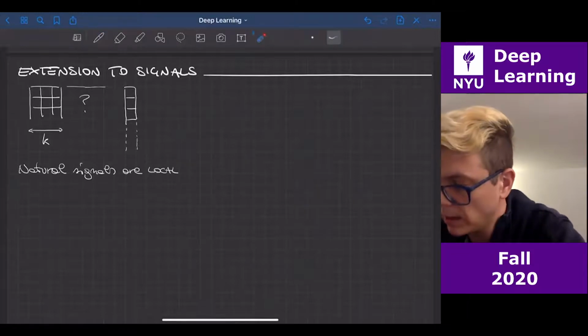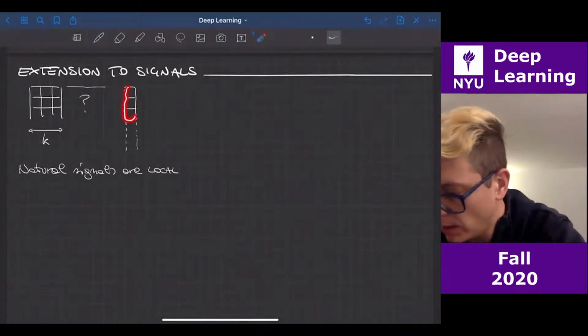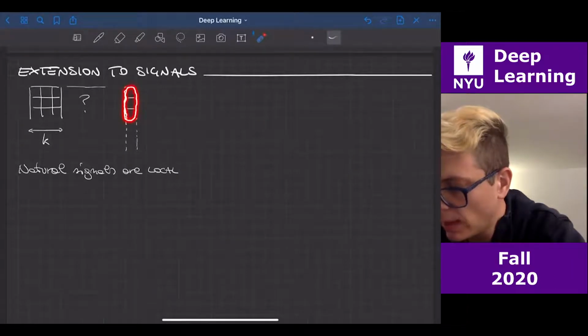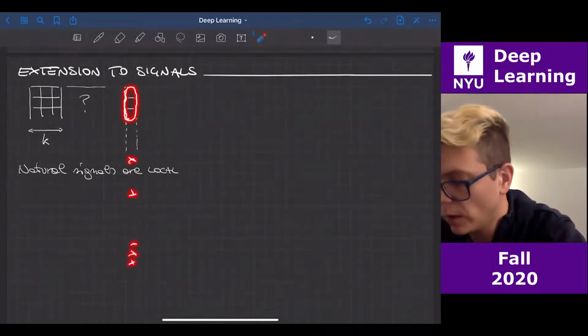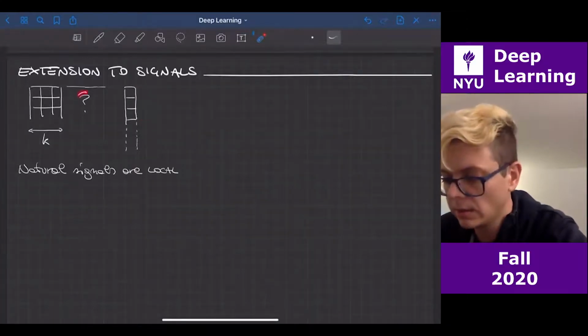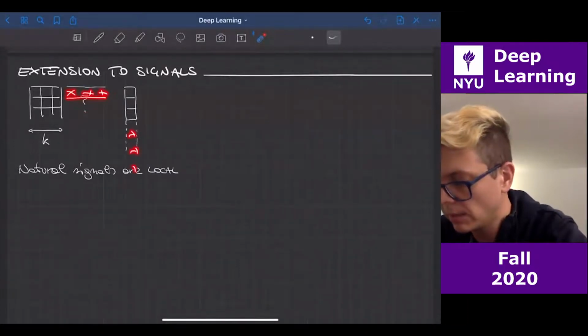It means that things that happen within this region are quite uncorrelated with things that are happening down here, okay? We only care about small regions. So how do I take care of the items down here?